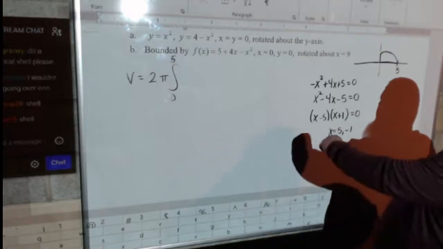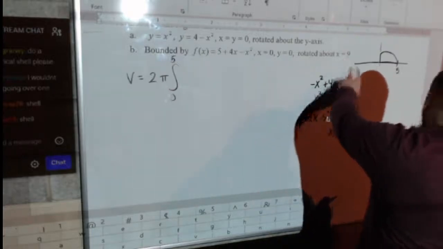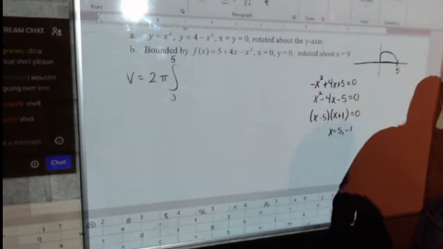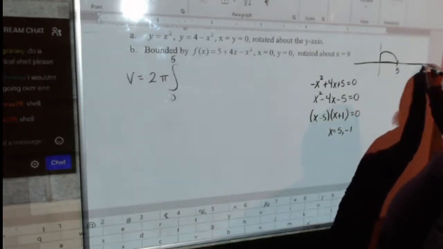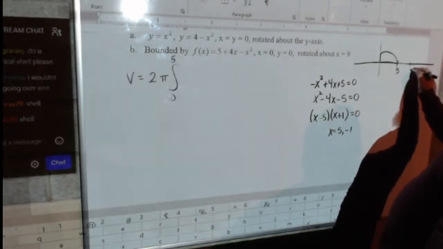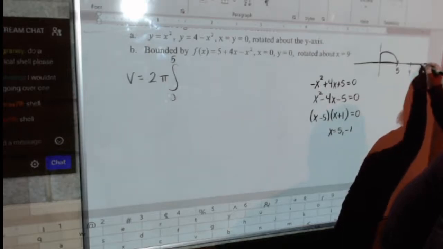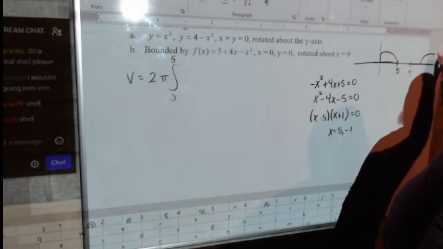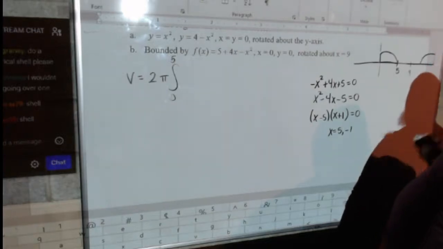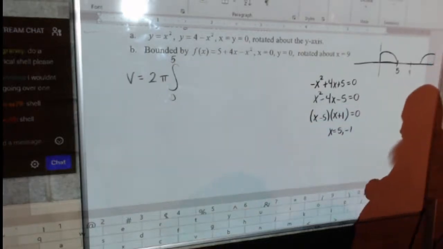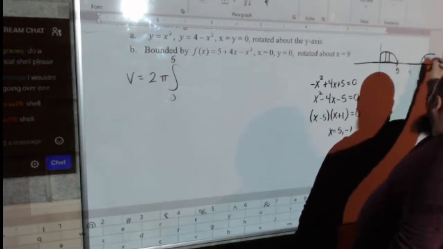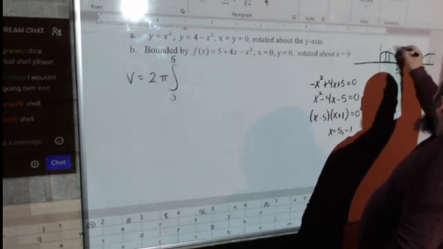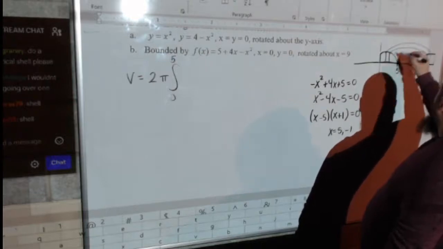And it says to rotate it about x equal 9. So if that's 5, let's say 9's out here somewhere. So something like that. And I gotta cut a slice. That's where I get my shell from.